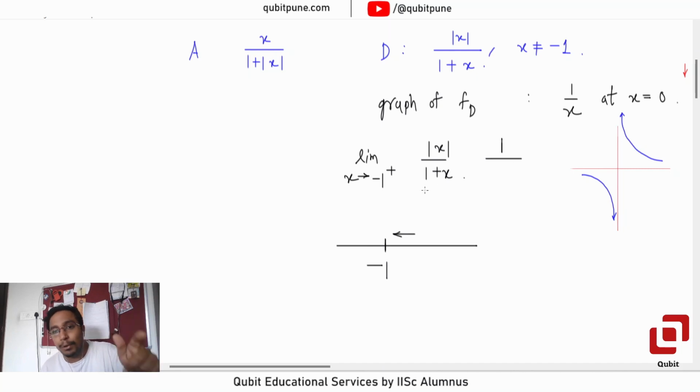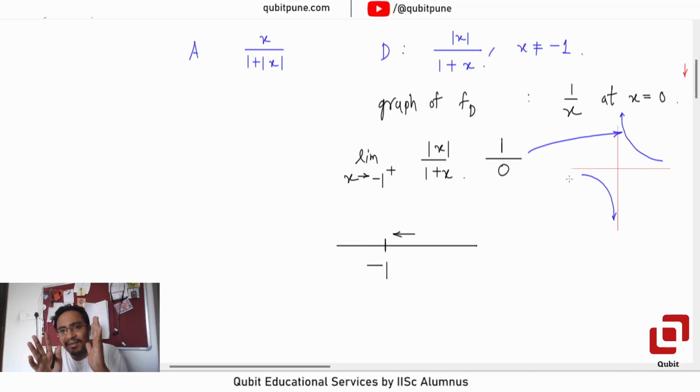But what is going to happen to the values of 1 plus x? Do you agree that 1 plus x will tend to 0? If x is going to -1, 1 plus x will go to 0. So this number is going to get smaller and smaller, which means this will resemble the behavior of 1 upon x.